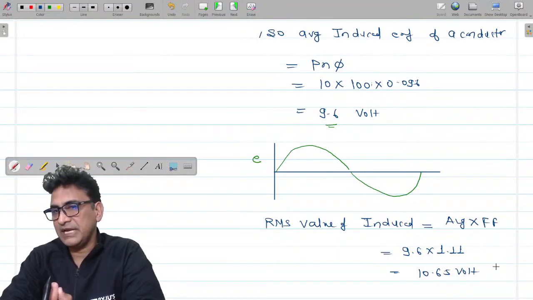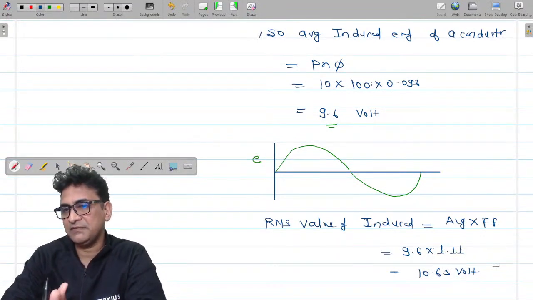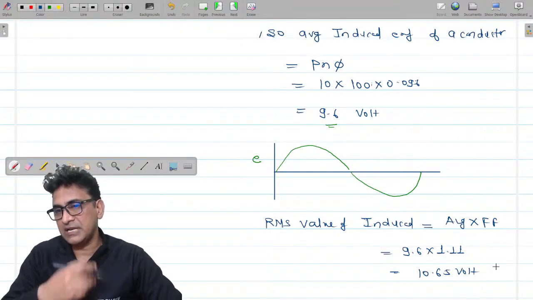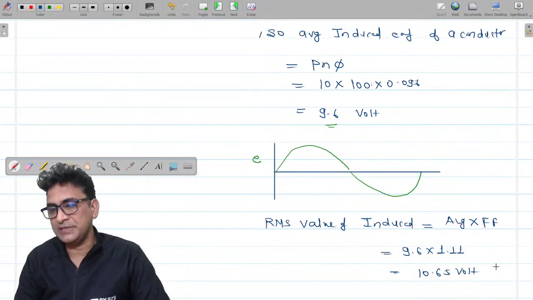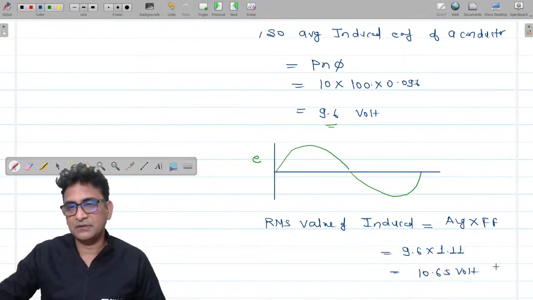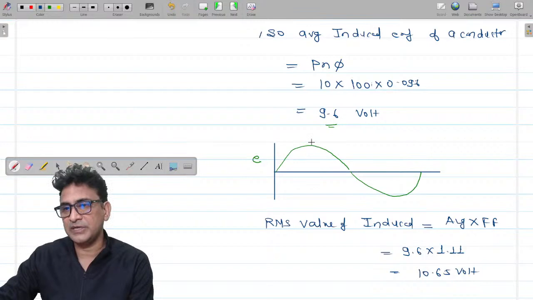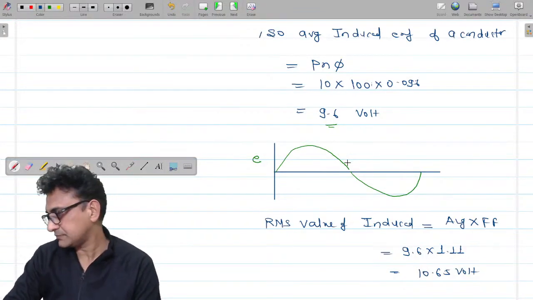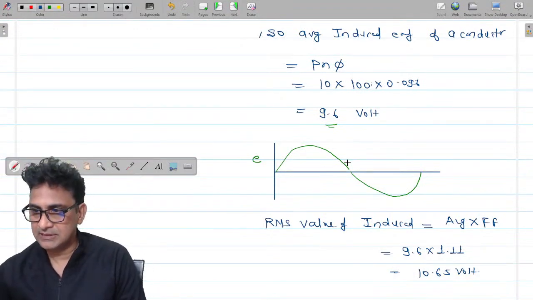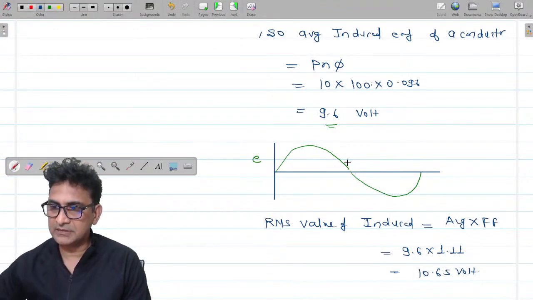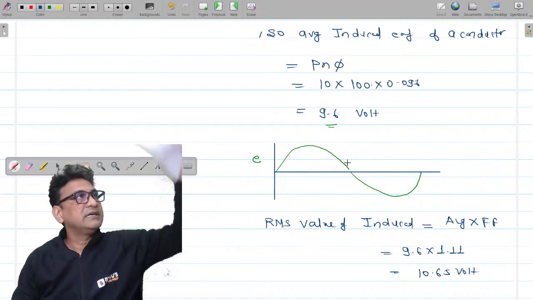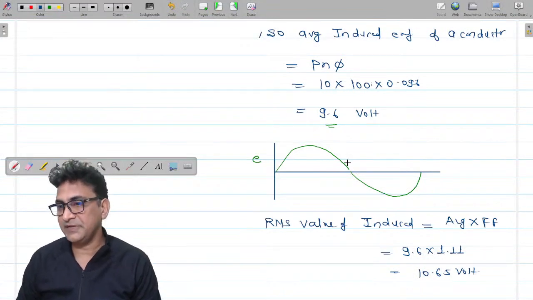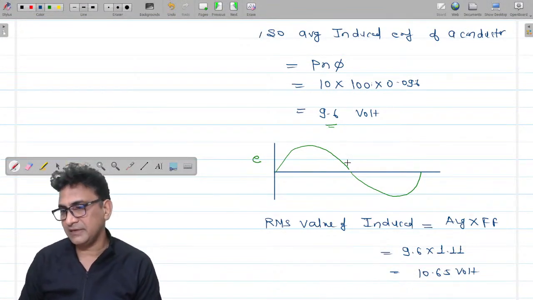First find out the average value of induced EMF, and from that find out the RMS value, because the RMS value is the average value multiplied by form factor, and the form factor of a sinusoidal quantity is 1.11. Is it clear? I will use the same data in the three questions just to find out the difference between induced EMF in a single conductor, induced EMF in a coil, and the induced EMF in a winding.